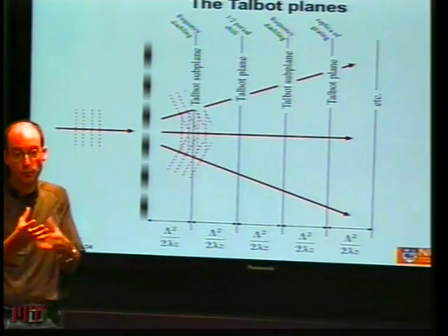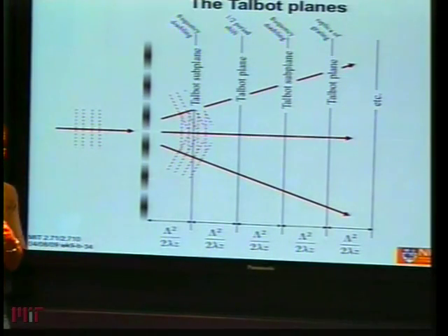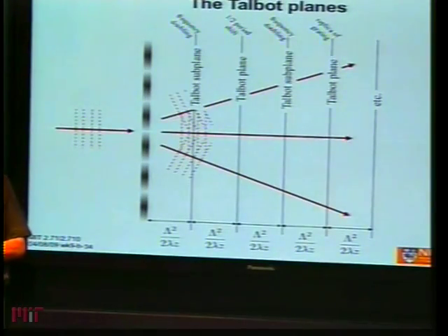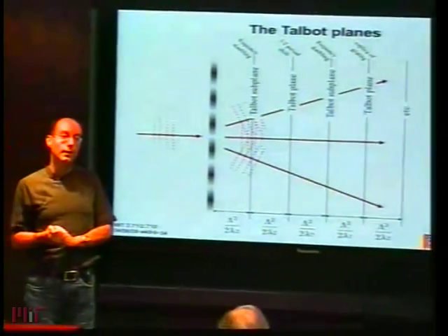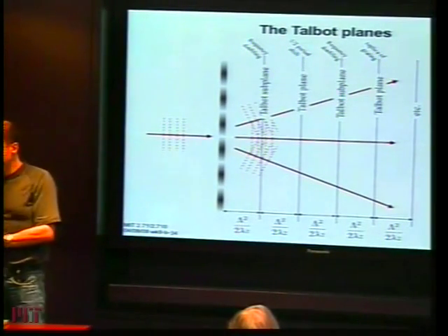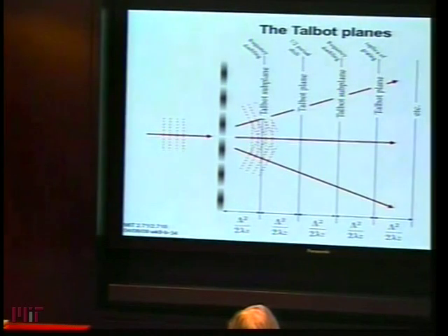If, for example, you have a square grating, it would also have its own Talbot planes. And not only that, but people noticed that it can happen in some strange patterns that are called quasi-crystals.